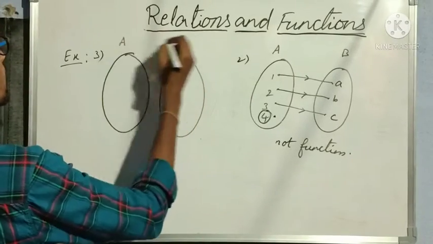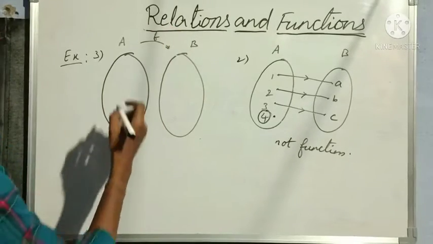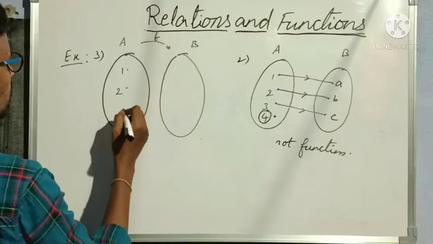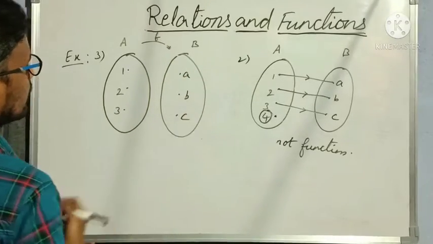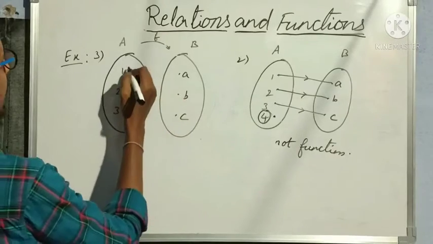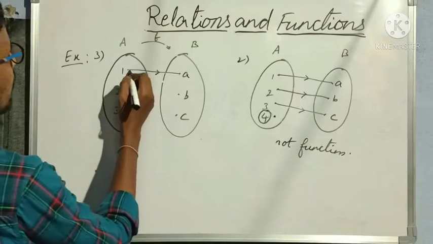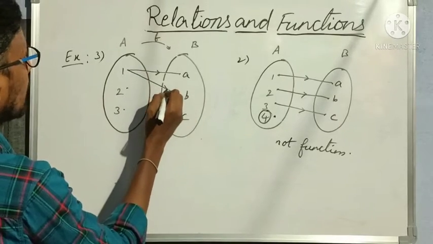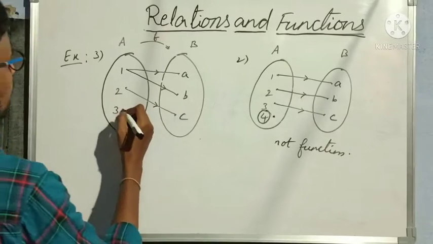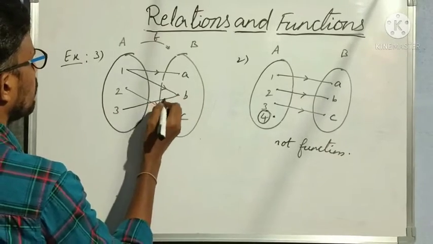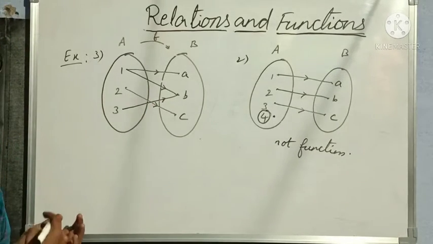So this is set A and this is set B and this is a function from A to B. I am taking 3 elements 1, 2, 3 here and 3 elements A, B, C here. I am mapping 1 to A and 1 to B and 2 to C. If possible, let us take 3 to C, 3 to B also. Yes.